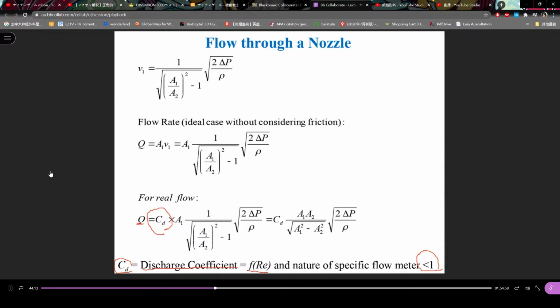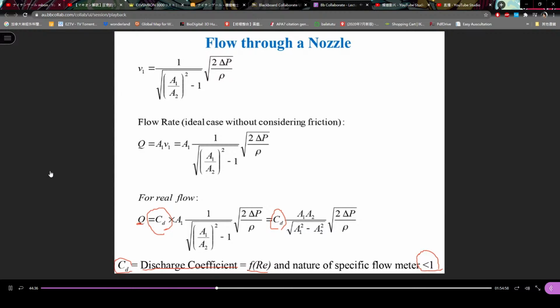So we add a CD to correct the accuracy. Otherwise, if it is 1, then we assume no friction. It's not true, and your measurement will be bigger than the real flow rate.